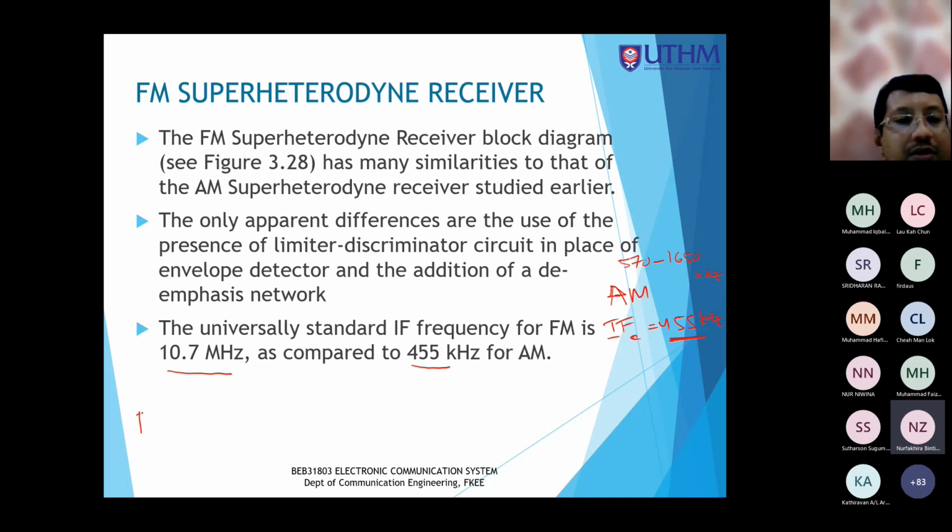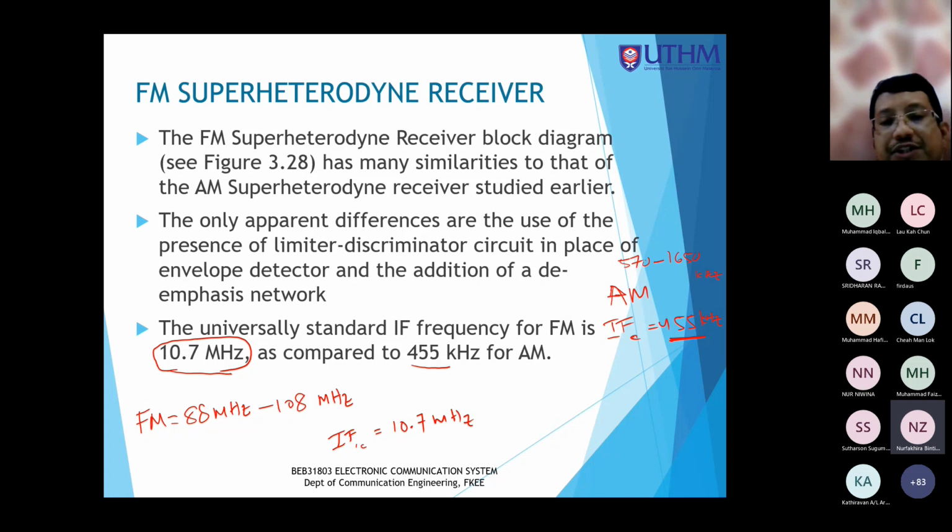However, for the FM band, the frequency is very high, between 88 megahertz and 108 megahertz. In this case, we cannot do a simple down conversion like we did in AM. So in FM, we need to do two down conversions. The first IF center, IF1 center, would be at 10.7 megahertz.